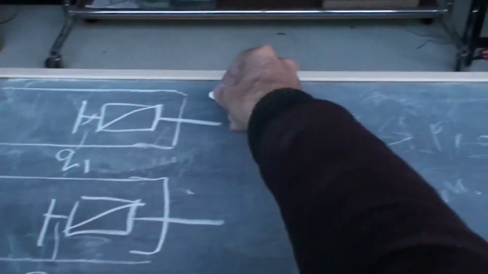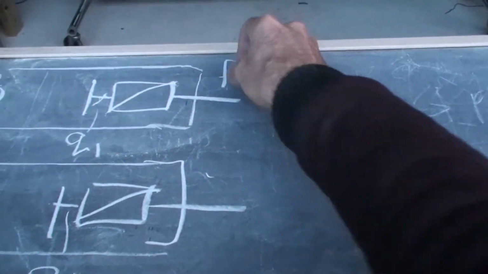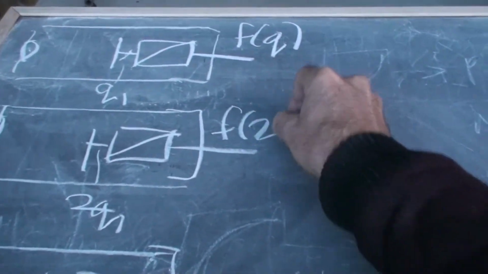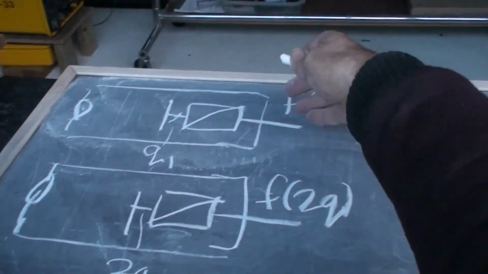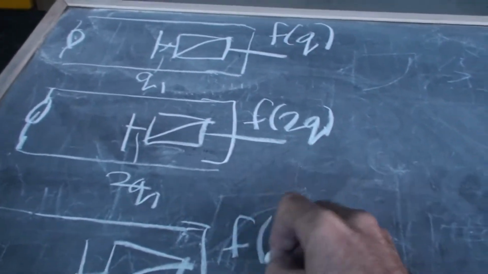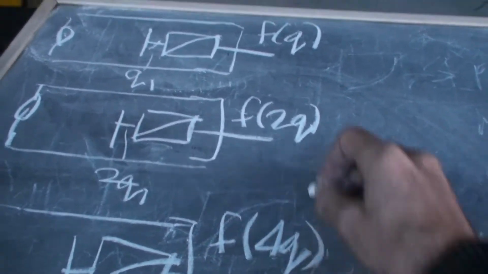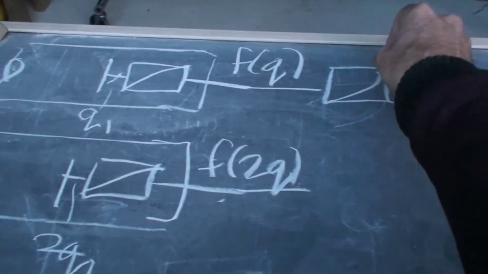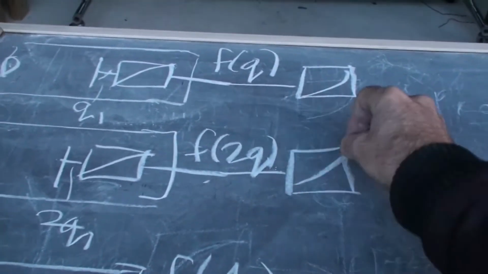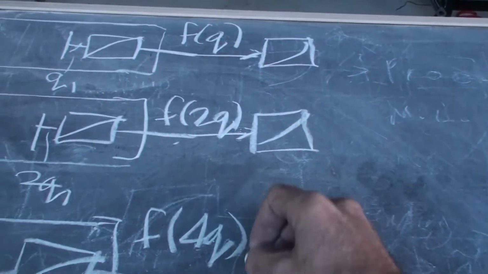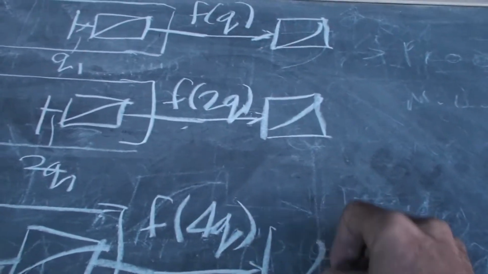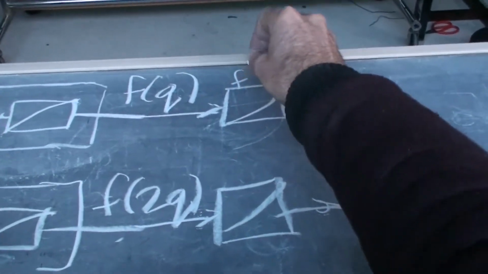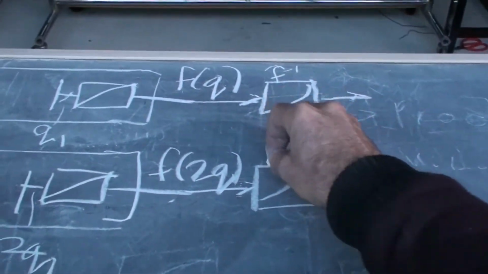And then out here I have this unknown response function. We've got f of q, and f of 2q, and then f of 4q here. Now what we want to do is go to an estimate of f inverse, run these through an estimate of f inverse, which we'll call f hat inverse.